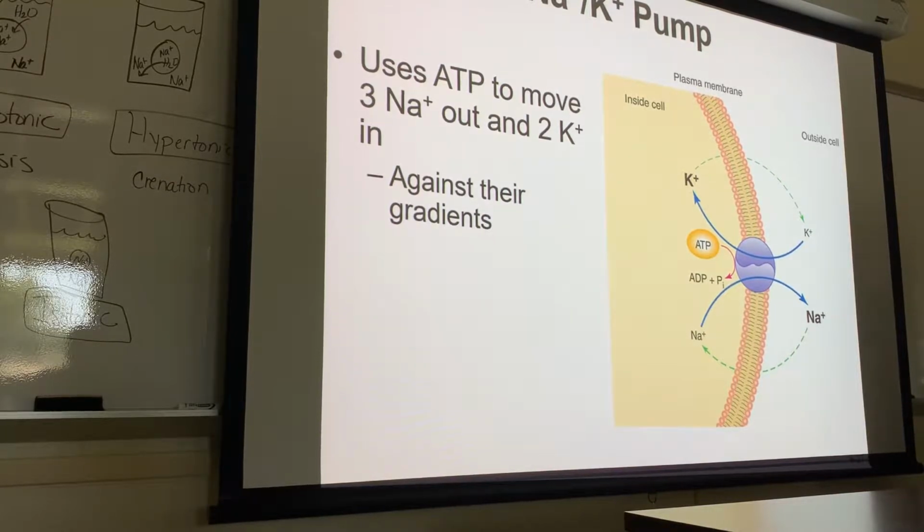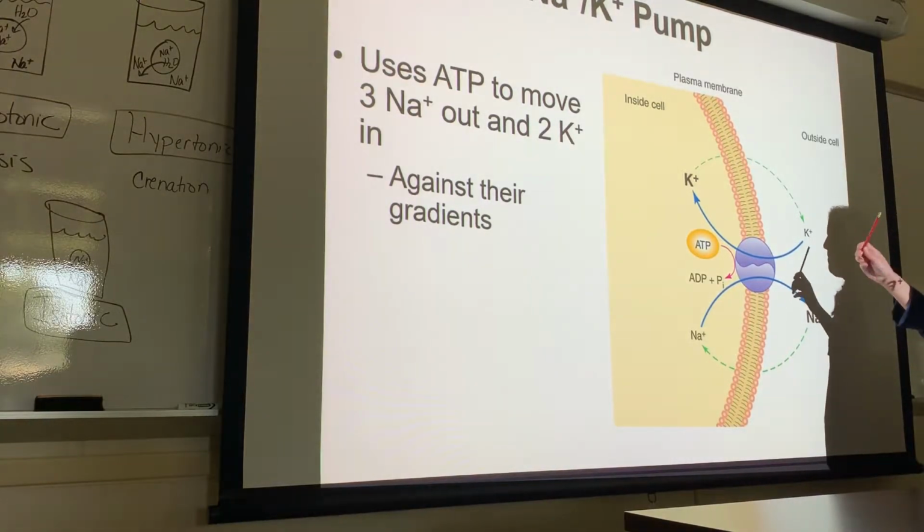It's also important to note that most cells are going to have maybe all forms of these transportation mechanisms. It's not like one cell just has this type or that type. All cells have different types of transportation mechanisms, and we're going to see an example of that in a few slides. But the sodium-potassium pump is very important, and all cells have it pretty much.